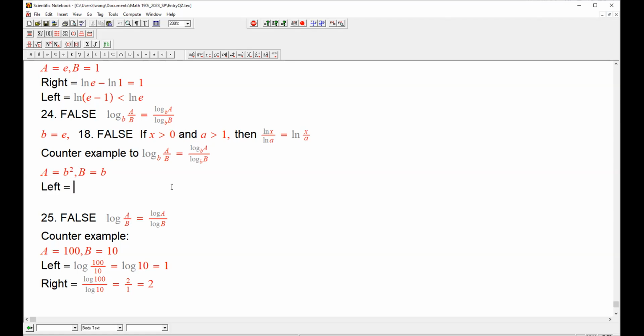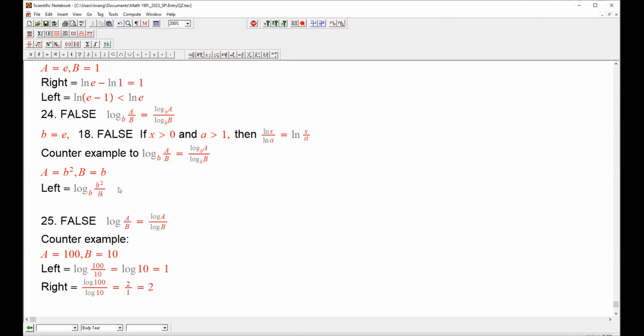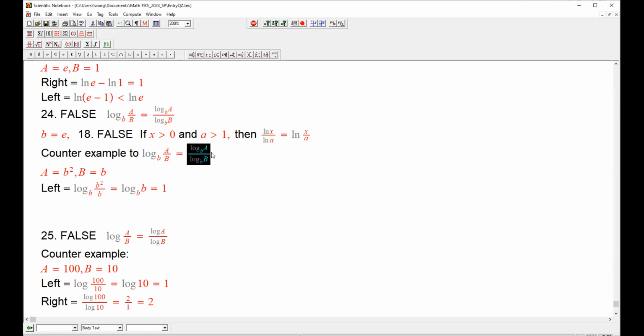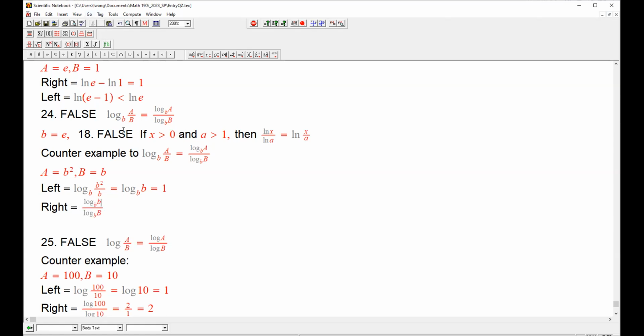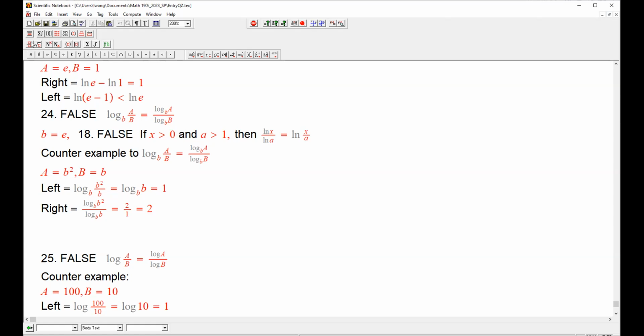The left-hand side will be log base b of b squared over b. Hopefully you also find some patterns. Log base b of b equals 1. And the right-hand side, you have b squared and b here, so you get 2 over 1, which equals 2. False.